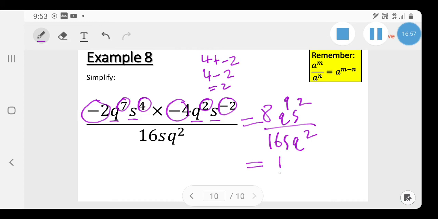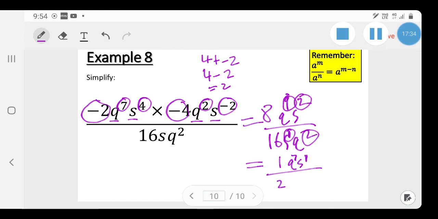So 1 over 2, set myself up with a Q and an S. And for the Q's, I have 9 minus 2, which is 7. And for the S, I have 2 minus the imaginary 1 there. 2 minus 1, which is 1.